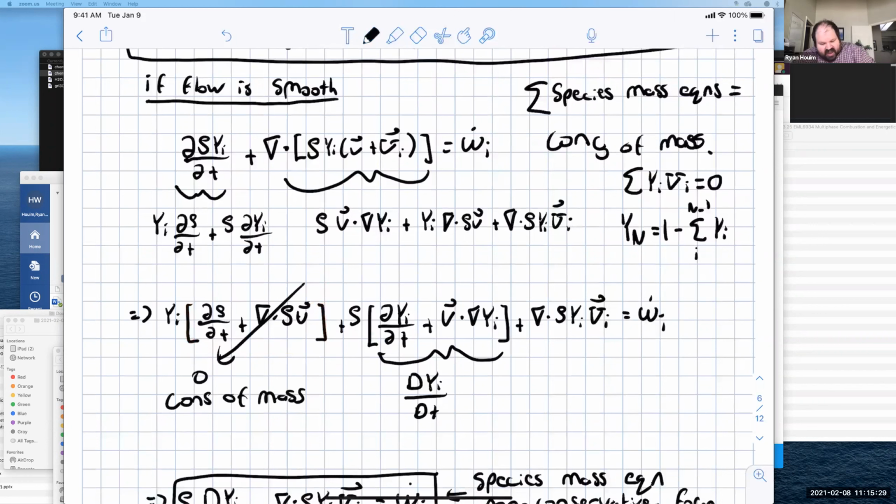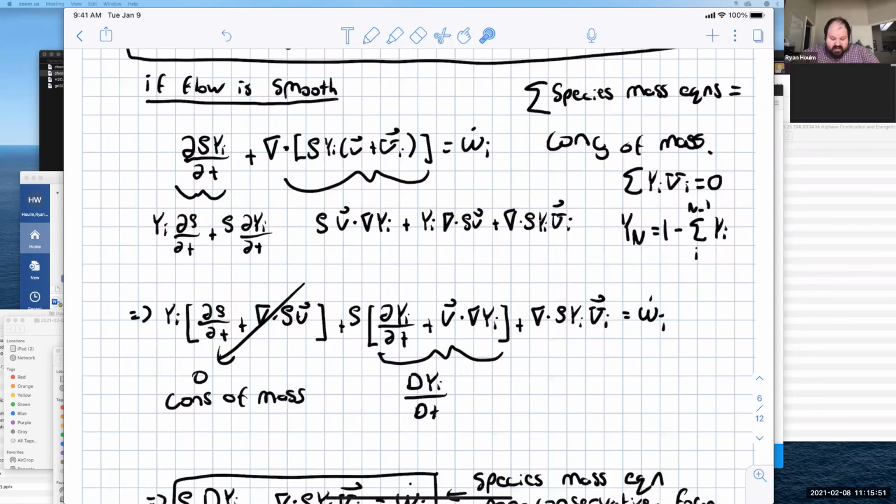And then I have the density times partial Yi partial t plus v dot grad Yi, and that is just the material derivative of Yi with respect to time. Plus the diffusion velocity term and the chemical reaction term.